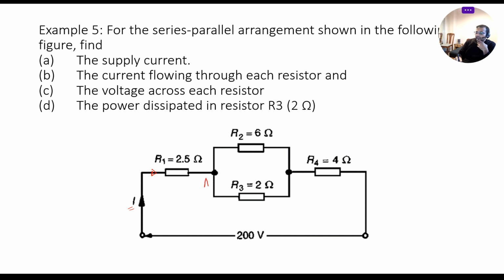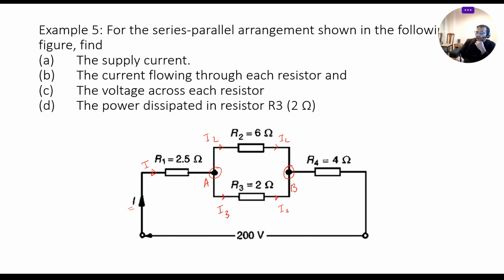Now at this junction, let's call this A, the supply current I will get divided into two parts, I2 and I3, through R2 and R3. They will flow, and at the junction B, they will combine.